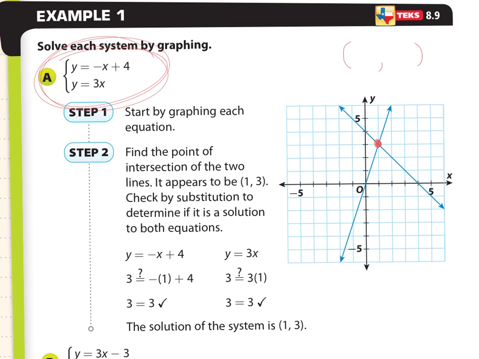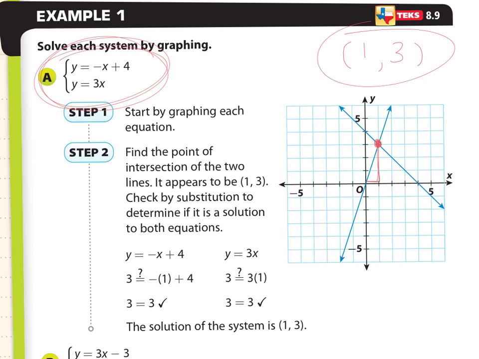Remember, you got to go to the mountain before you can climb it. You're doing rise over run. I want the coordinate. You got to go to the mountain before you can climb it. Is it 3, 1, or 1, 3? 1, 3. So that's the solution to this system.